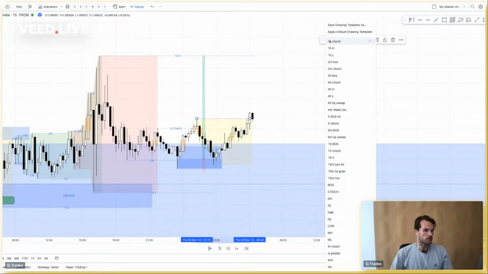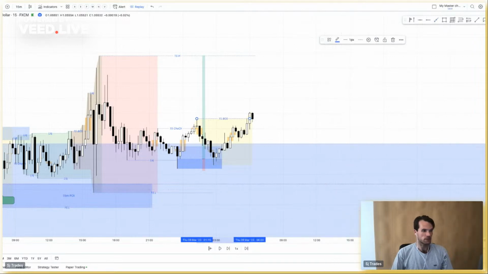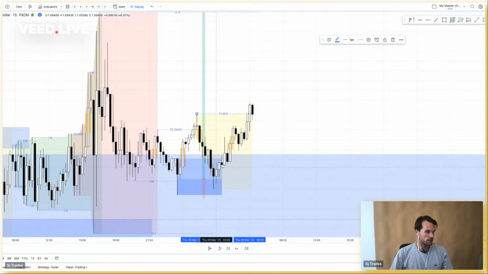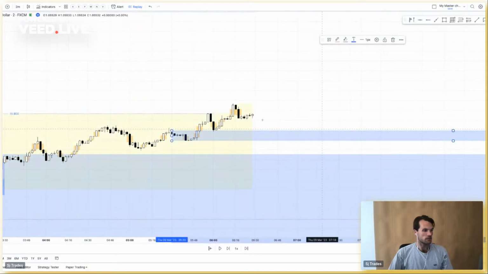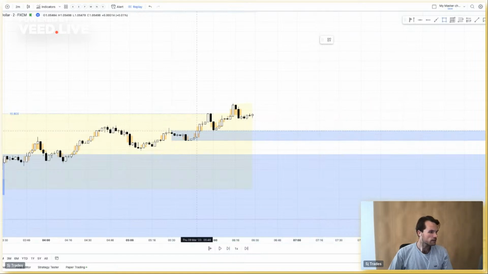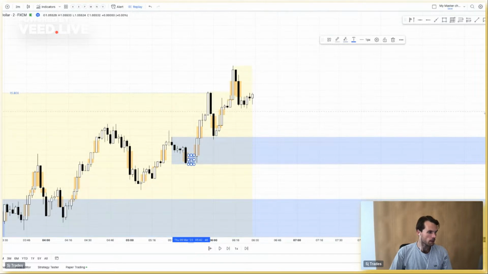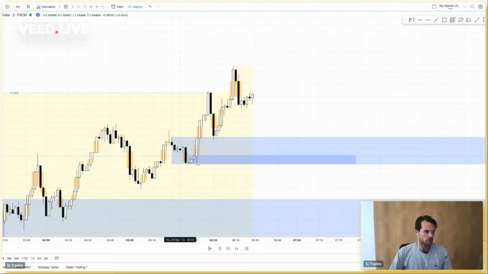And we've got a 15-minute break of structure. That's where we're looking, the last consolidation that broke the high. Ooh, tiny candles in here. I'd take probably the last few, just because they're so small.